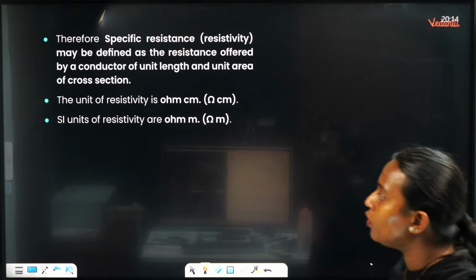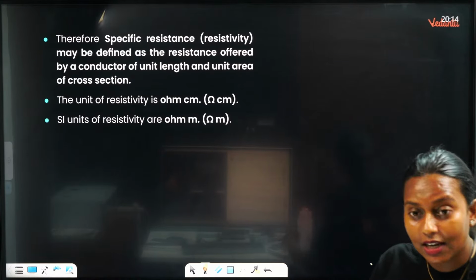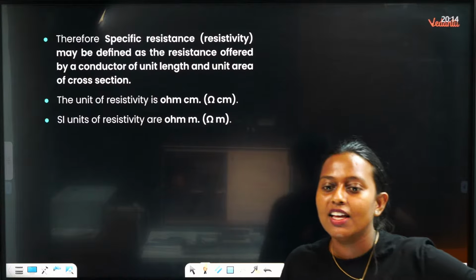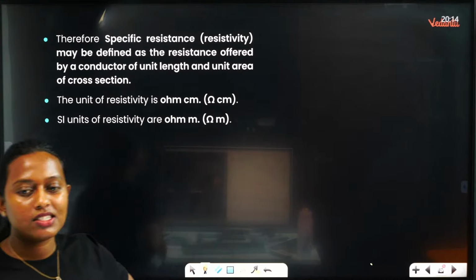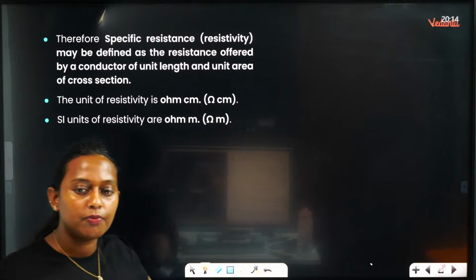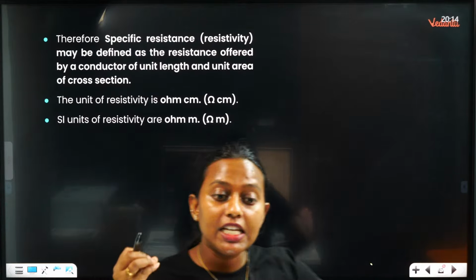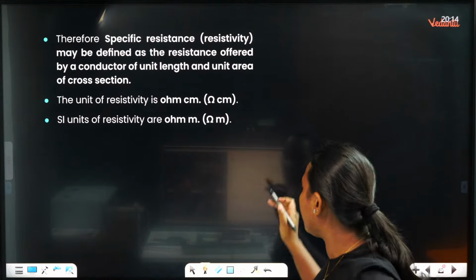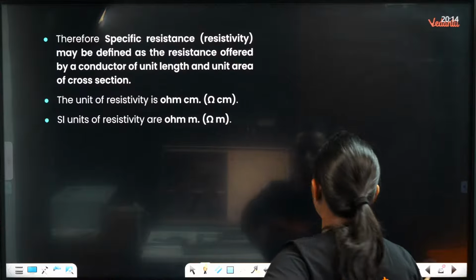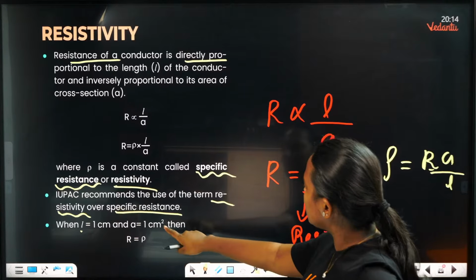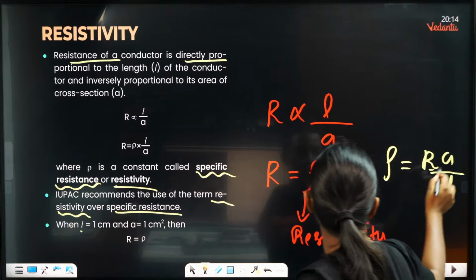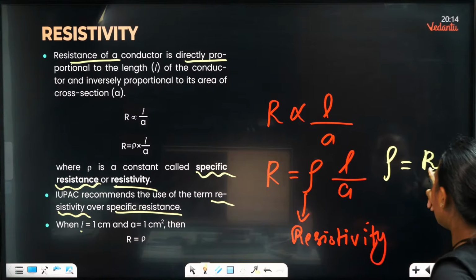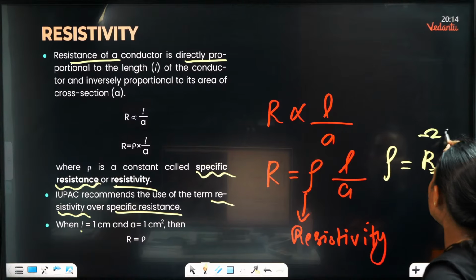Then we are moving to the unit. So what is the unit of this resistivity? Here we are using centimeter square, so when you divide you will get centimeter. So this is ohm, so ohm centimeter.